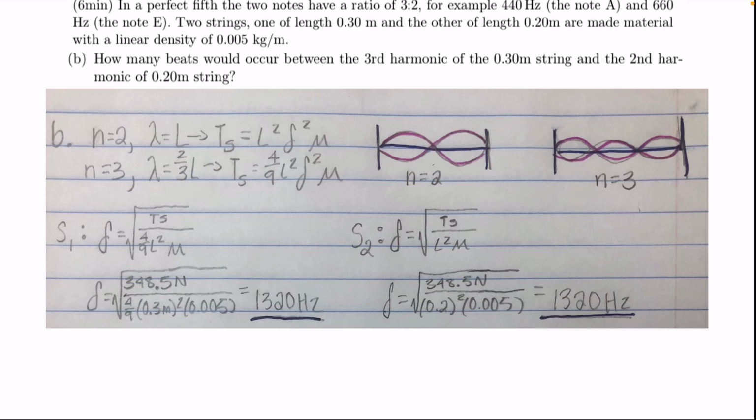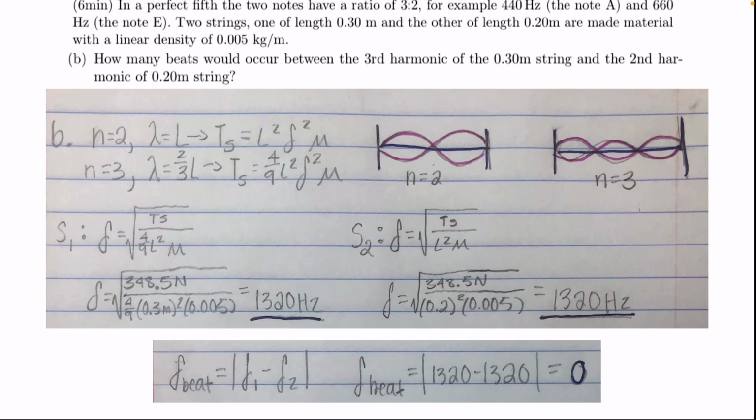So that means we're going to use that third harmonic, when n equals 3, equation for the 0.3 meter string, and that gives us the frequency is 1,320 hertz. And then for the 0.2 meter string, the new frequency is going to be found using that second harmonic equation, and that gives us that the frequency is once again 1,320 hertz.